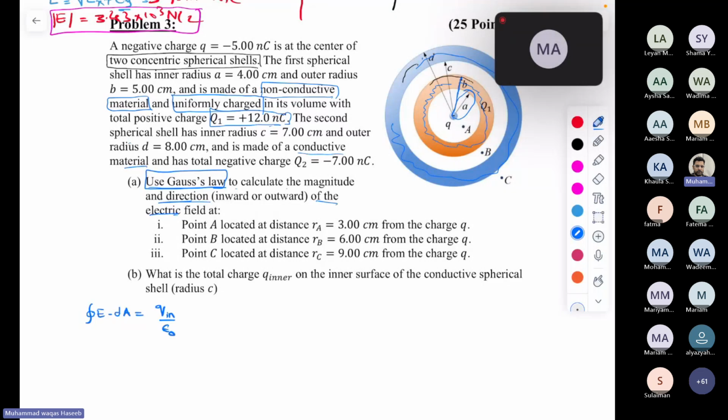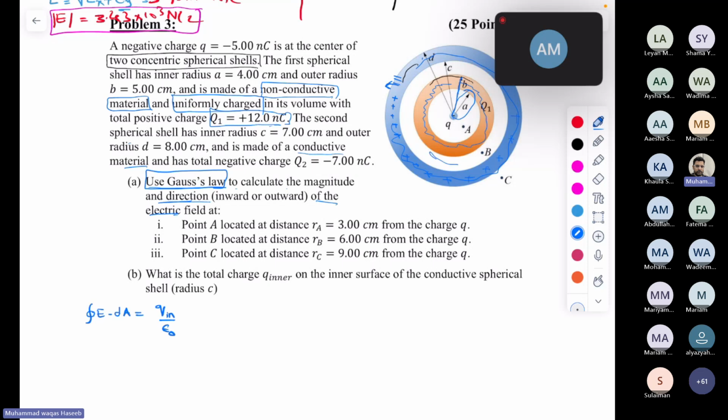Can you please explain the difference between conductive and non-conductive, and how we would approach the question? Conductive means that if you have a conductor, all the charge resides on its surface.